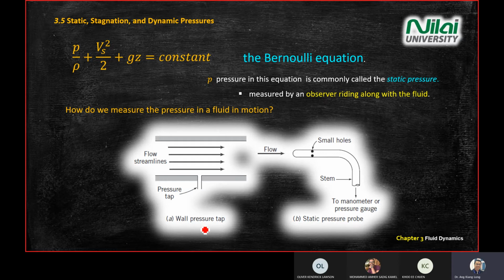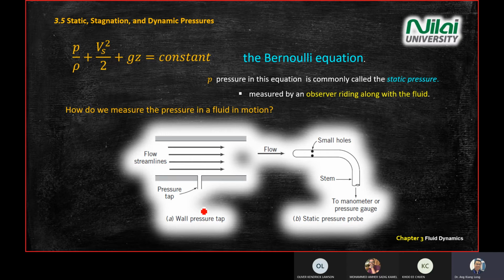Same concept as the wall pressure tap. The flow flows over the hole here, parallel to this hole. So you can make a tube and then there's a hole that is parallel to the flow, to measure the flow that is above it.